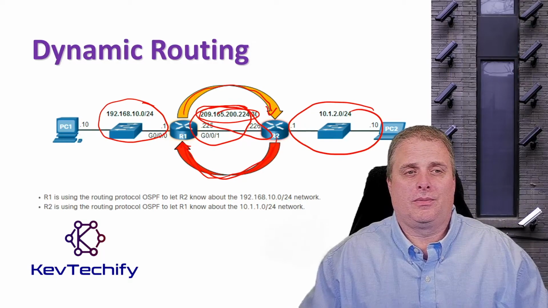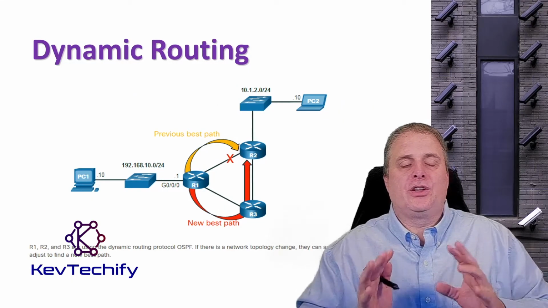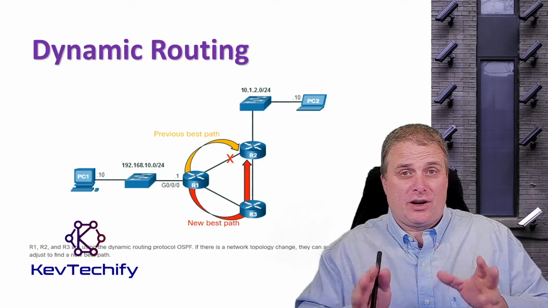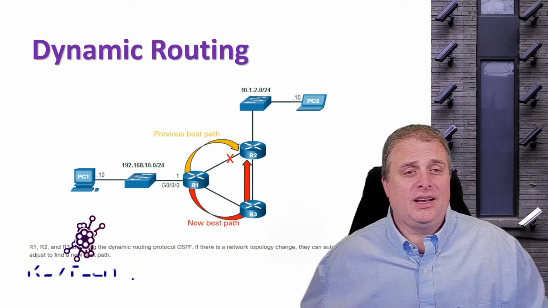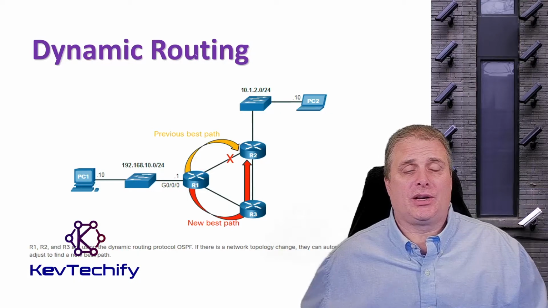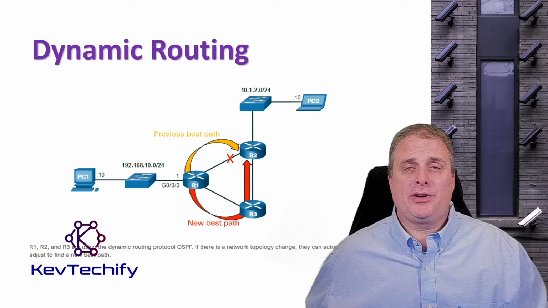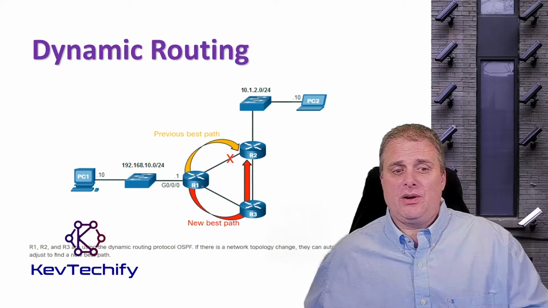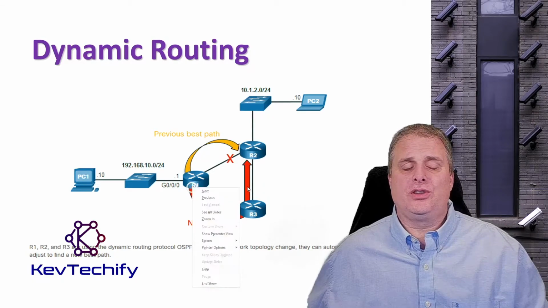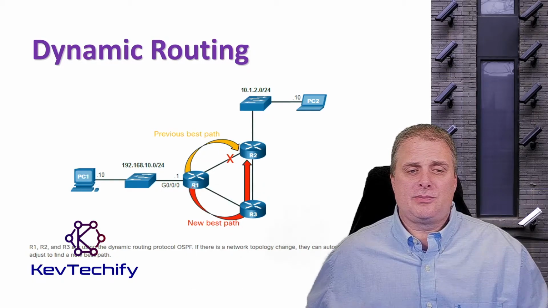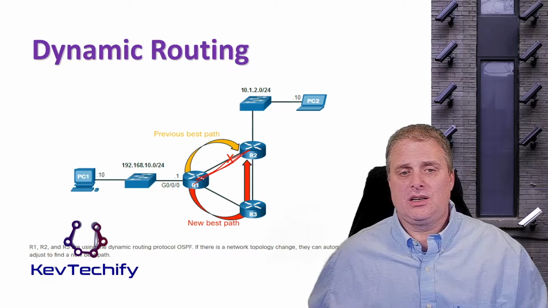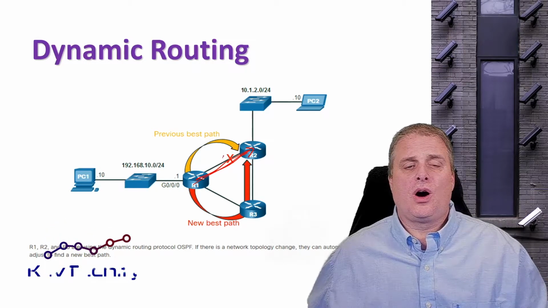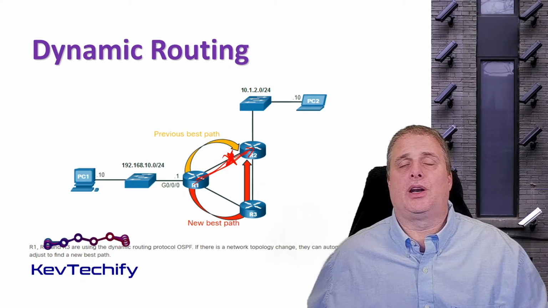If we take a look at the example before from the static route where the backhoe cut that line, with dynamic routing, it not only keeps track of the best route, it keeps track of all the alternates. And so data is being sent across here from R1 to R2, and all of a sudden that backhoe cuts this fiber right here.